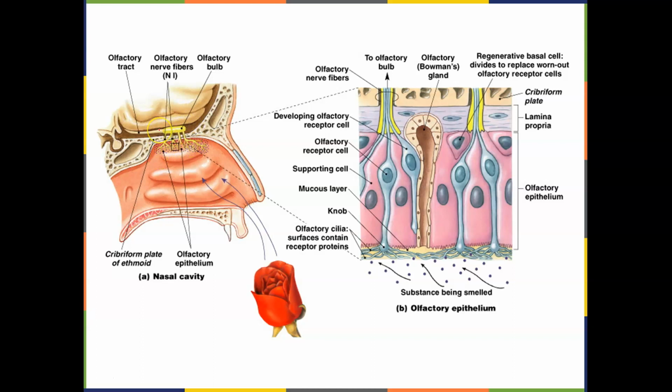So the olfactory bulb is actually cranial nerve number 1, I guess I want to say. So olfactory nerve fibers, N, and then this is actually nerve 1. So this is cranial nerve 1, the first nerve associated with the brain.